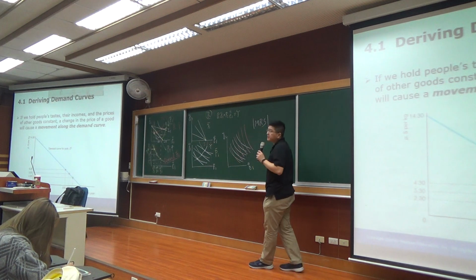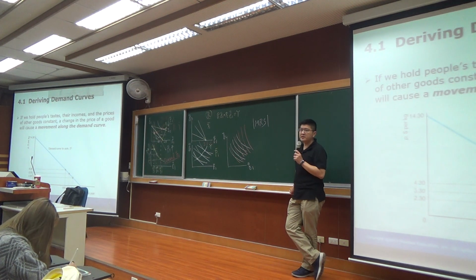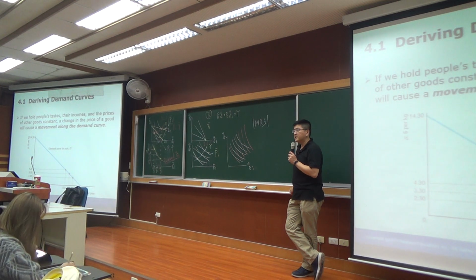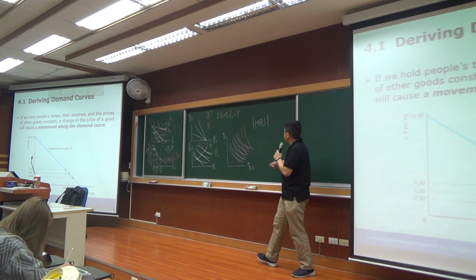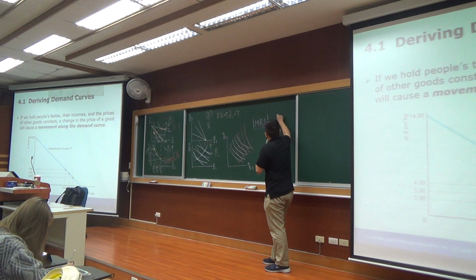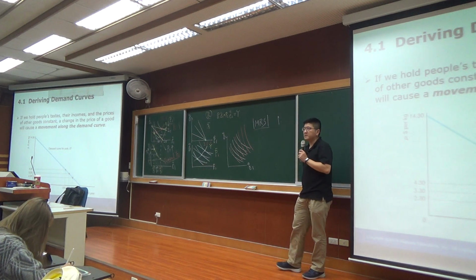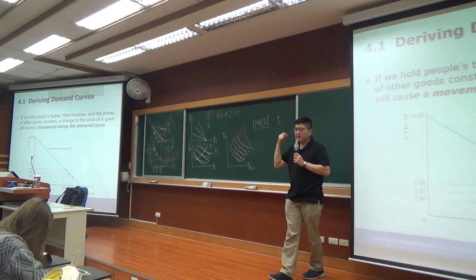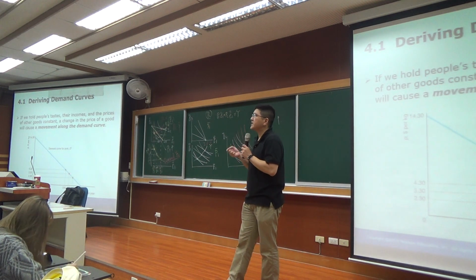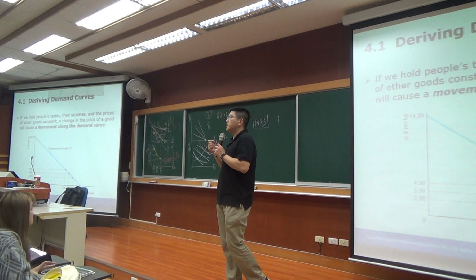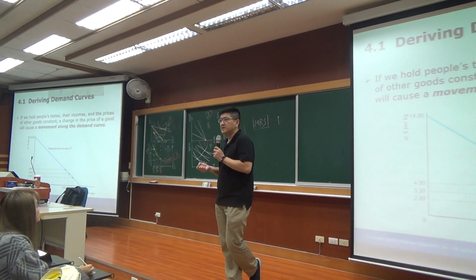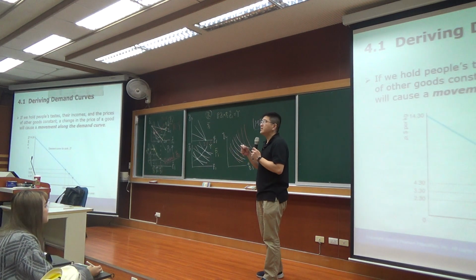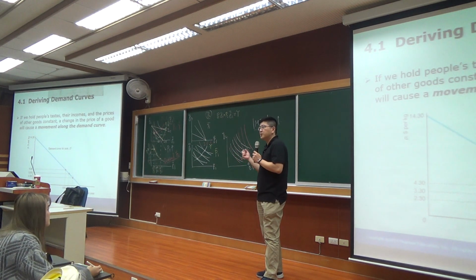MRS, the absolute value of MRS, is the slope of an indifference curve, right? So if MRS goes up, what does it mean? MRS means the cost, or the maximum amount we are willing to sacrifice to obtain an extra unit of Q1.